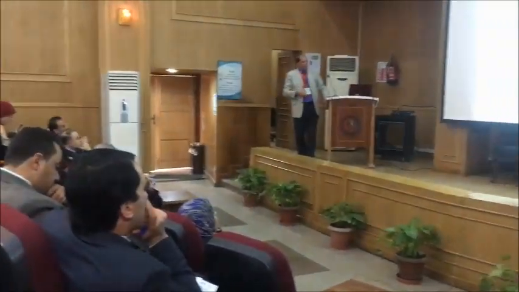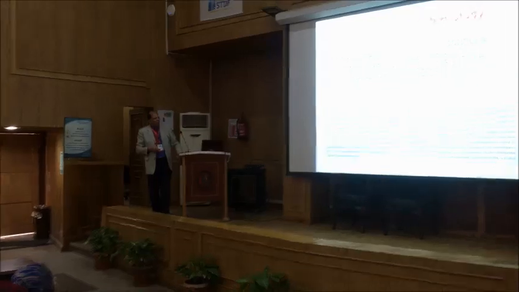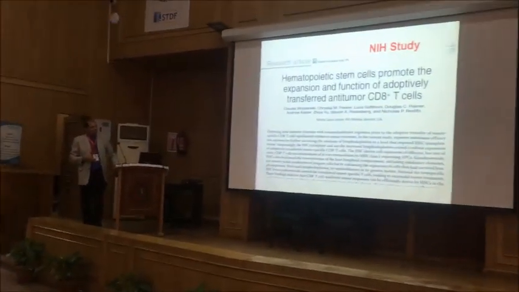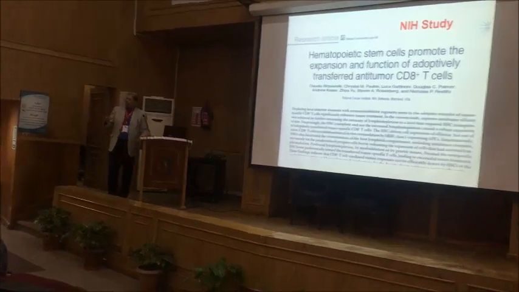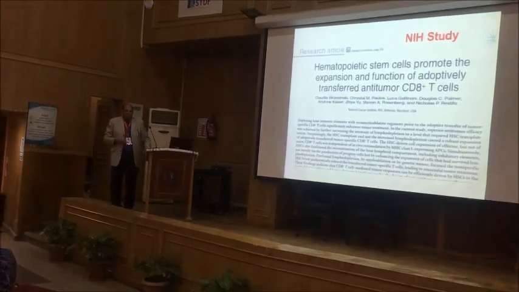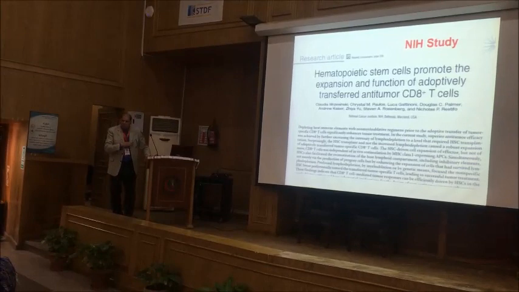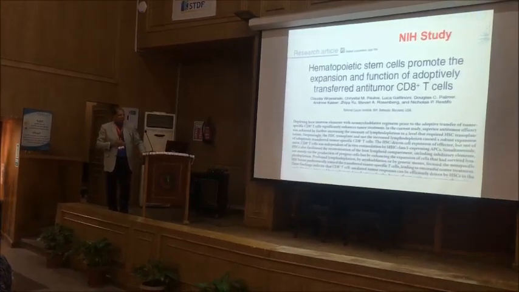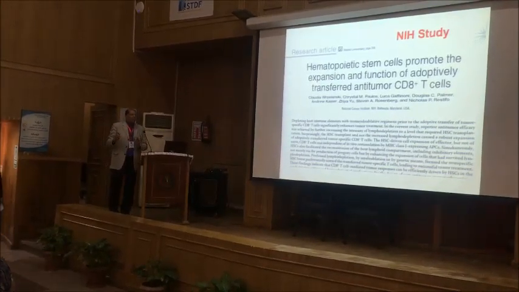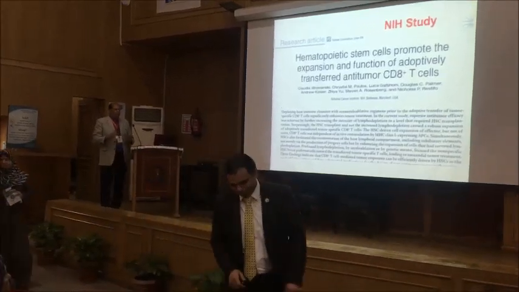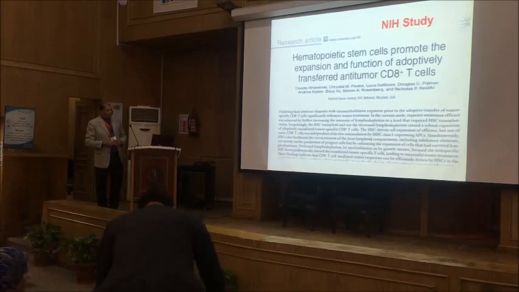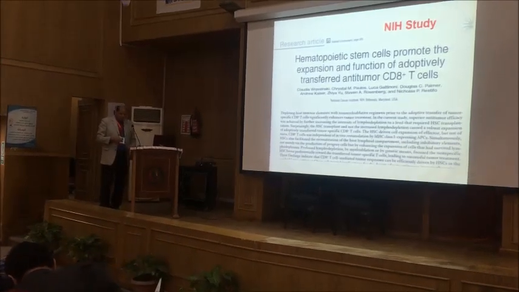Rosenberg, it's a very famous guy, and Restifo, and Rosenberg is the guy of adoptive cell therapy, who started with the theory of adoptive cell therapy. They have plenty of papers about it. They know everything, either in mouse models or in human, about CD8 cells, the pros and the cons of this cell.